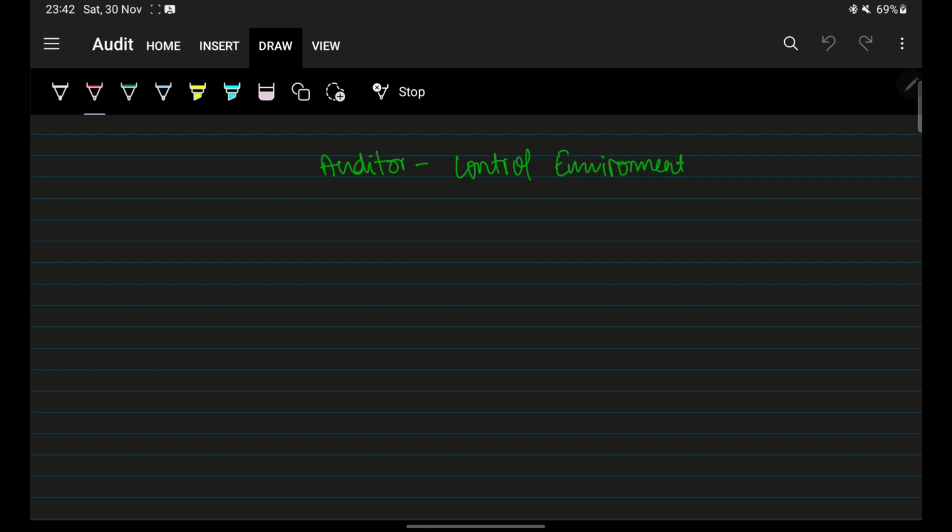Firstly, he has to obtain an understanding of the control environment, right? And secondly, he also has to evaluate two things.